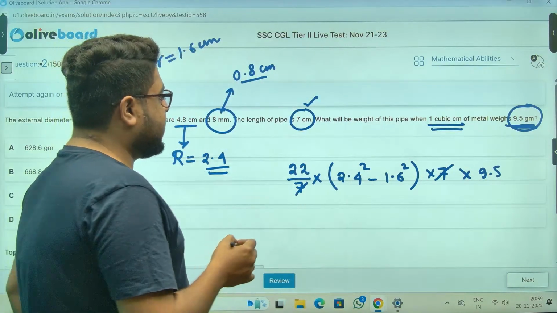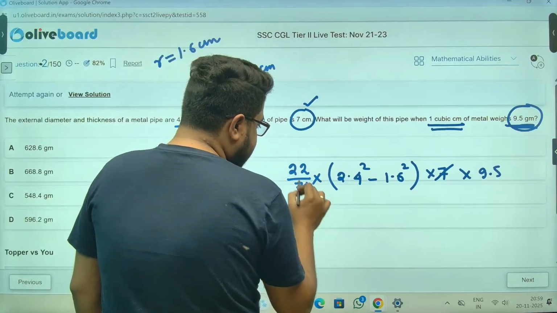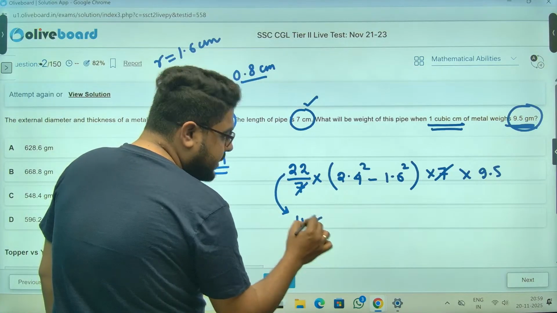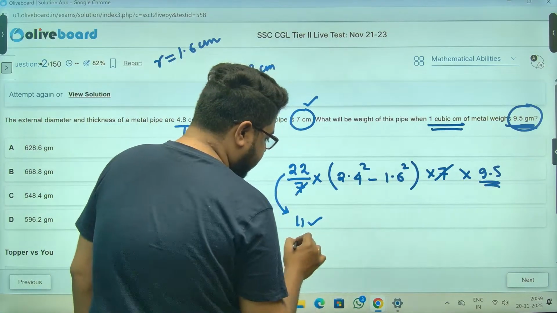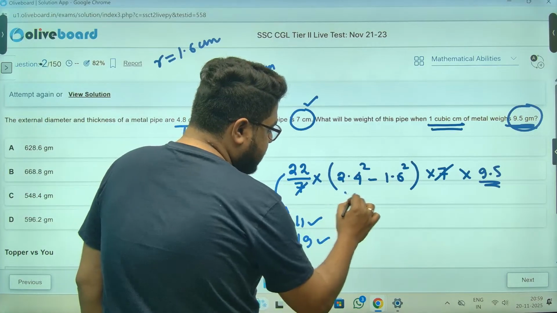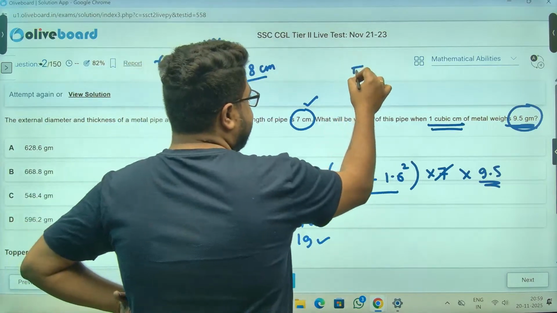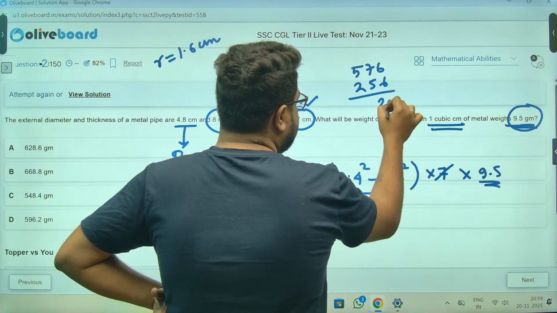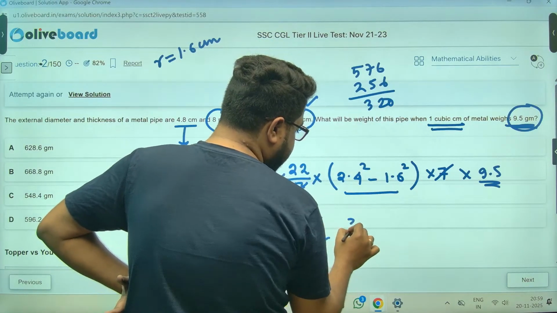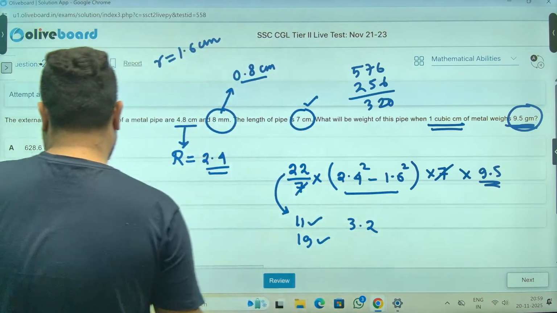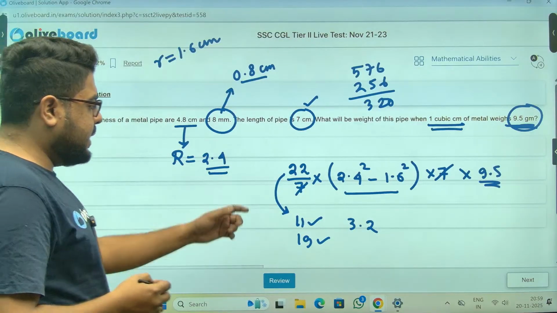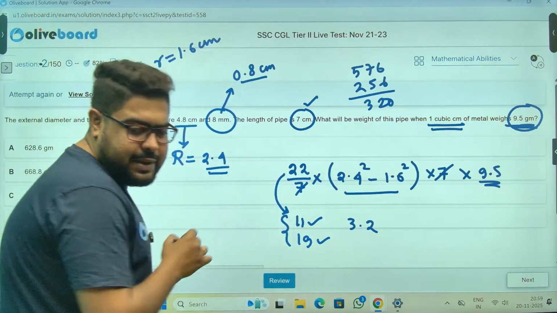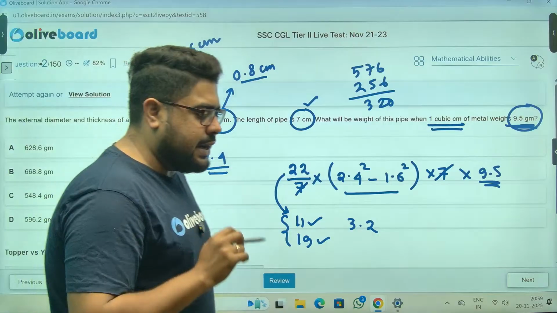If you calculate, you will get a multiple of 11. 95 is a multiple of 19. And here, this is 576 and 256, 320, meaning 3.2. You can either go with the 11 and 19 multiples. The 19 multiple will be a little difficult to check.